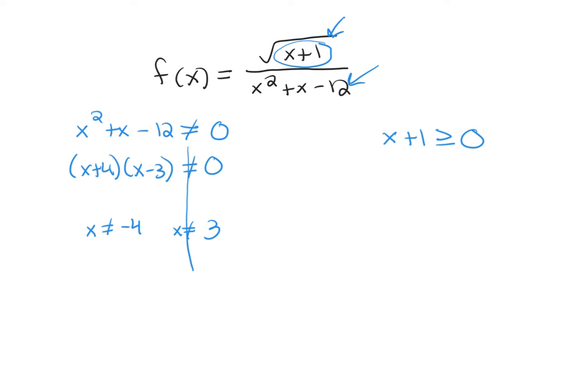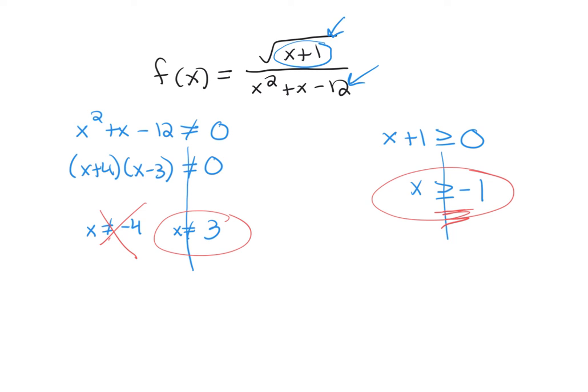If I solve this one, x has to be greater than or equal to negative 1. So I can't have any smaller numbers than negative 1. So this number, negative 4, already doesn't even count because it's not in this domain. So greater than or equal to negative 1, but also it can't be 3.